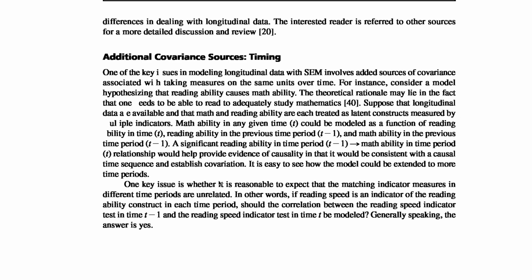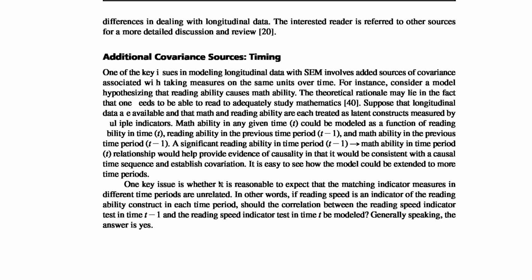Suppose that longitudinal data are available, with math and reading ability each treated as a latent construct measured by multiple indicators. Math ability at any given time could be modeled as a function of reading ability in the previous time period and math ability in the previous time period.